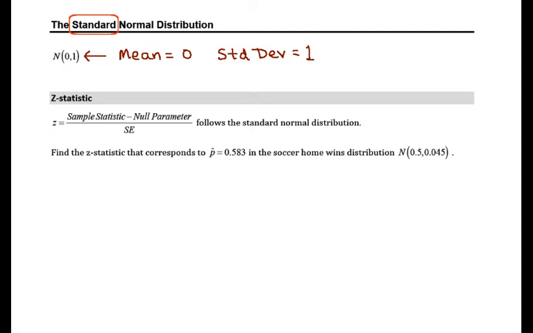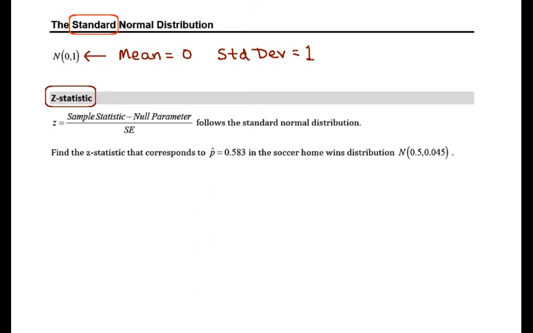So what we do to make anything work in the standard normal distribution is we calculate what's called a z-statistic, which converts from whatever normal distribution we might have to the standard normal distribution. And it does this by subtracting off the center.